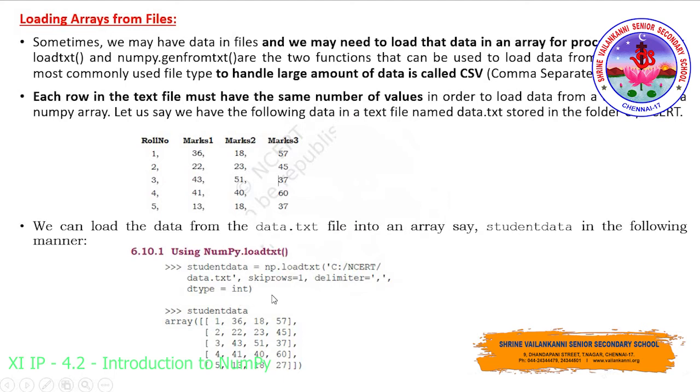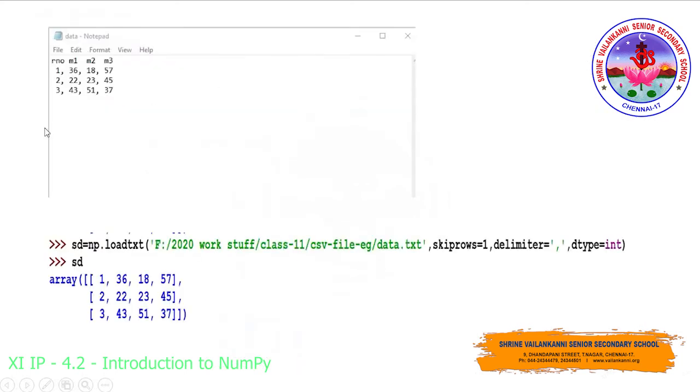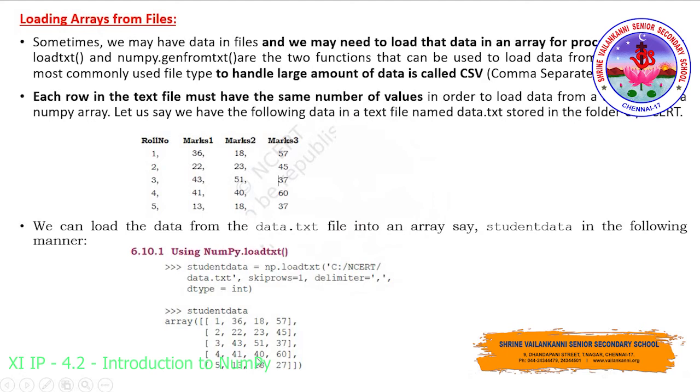And dtype equal to int. By default, NumPy arrays, I have told you, everything will be loaded as floating point values if you're not going to specify the data types. So to load all the values as integer data type, we have specified the data type as int. Clear? And now see here, when I call the student data variable, the values which I have stored in the notepad will be loaded as an array over here inside the IDLE environment.